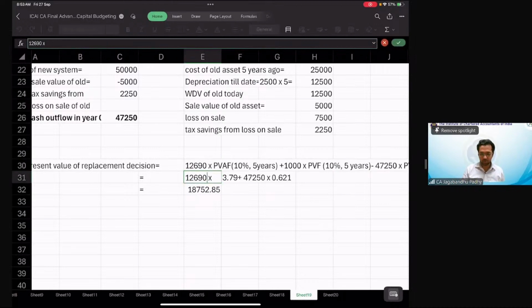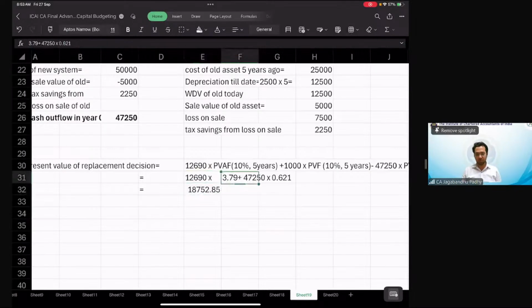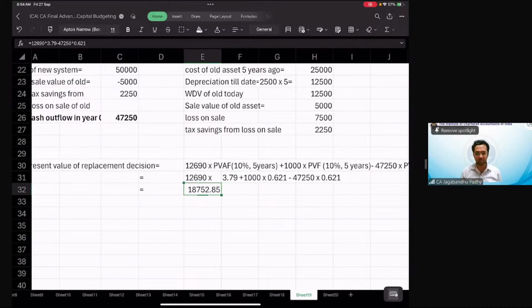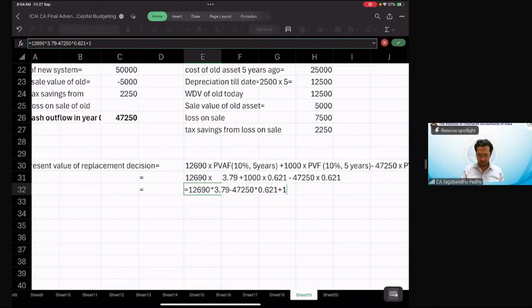So that will be 12,690 into 3.79 plus 1,000 into 0.621, and then minus 47,250.